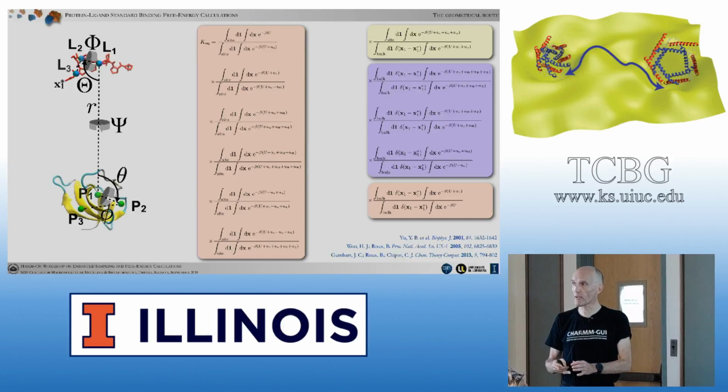And now I'm going to calculate the second potential of mean force, which will be the first Euler angle, under the premises of a restrained ligand. Then I'm taking the minimum of the potential of mean force, they're all quadratic. I'm taking the minimum of the potential of mean force over theta, and I'm imposing a restraint on theta, and of course on the RMSD, and I'm calculating the third potential of mean force, and so on and so forth.